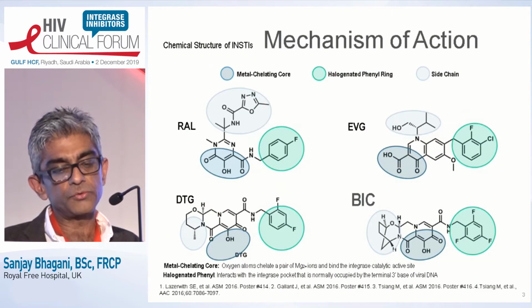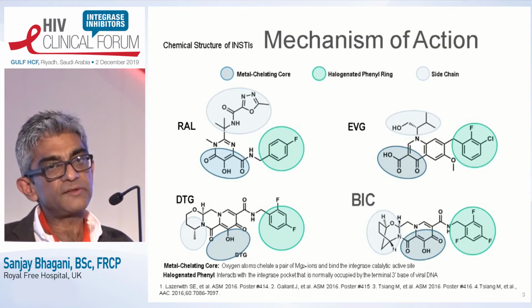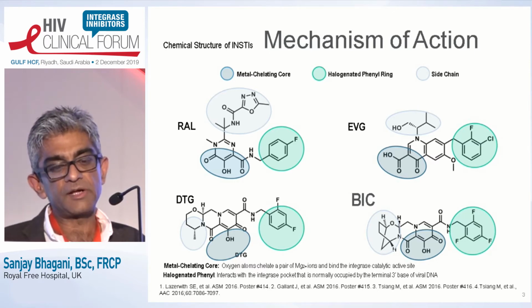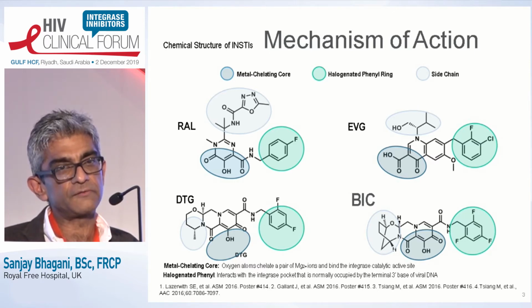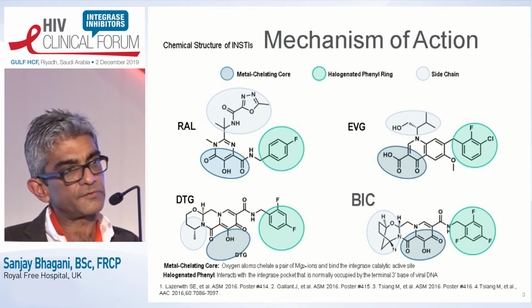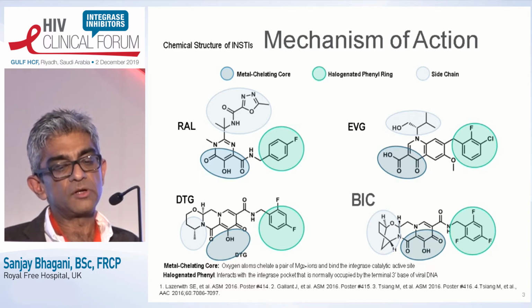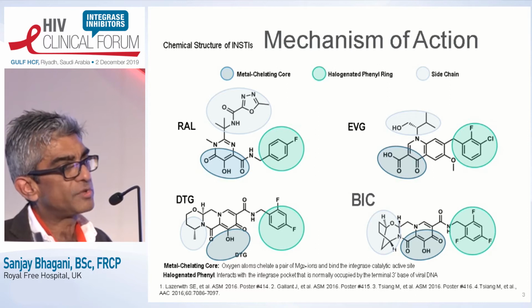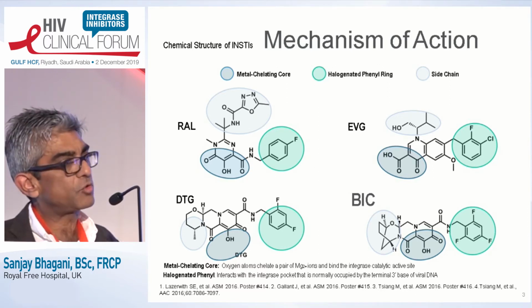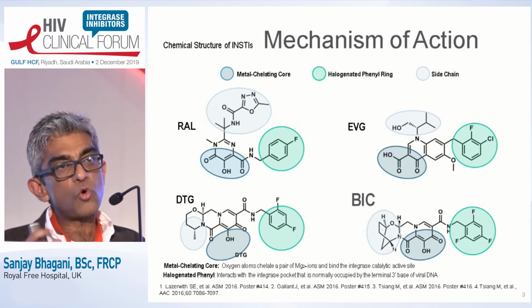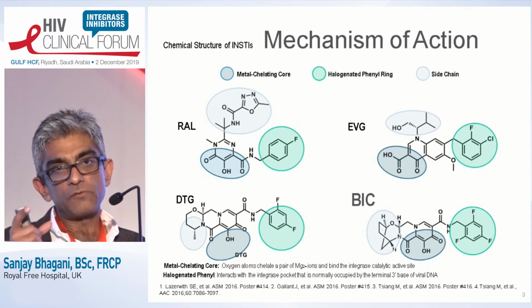I'm just going to show you the four licensed integrase strand transfer inhibitors that are available to us. This is raltegravir, elvitegravir, dolutegravir, and bictegravir. And they all have two things in common. One is they all have a metal chelating core, which chelates magnesium or manganese ions, so divalent ions that are an important part of the integrase enzyme in terms of its activity.